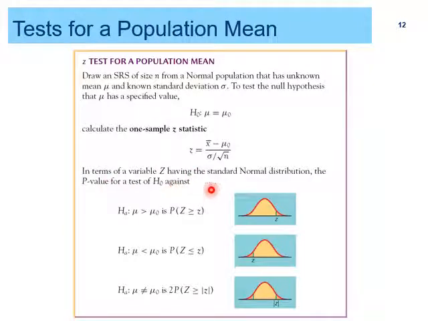the alternatives differs. Here we are doing different things: these two are one-sided and this is two-sided. For one-sided there are two conditions: either it could be on the right tail or on the left tail.